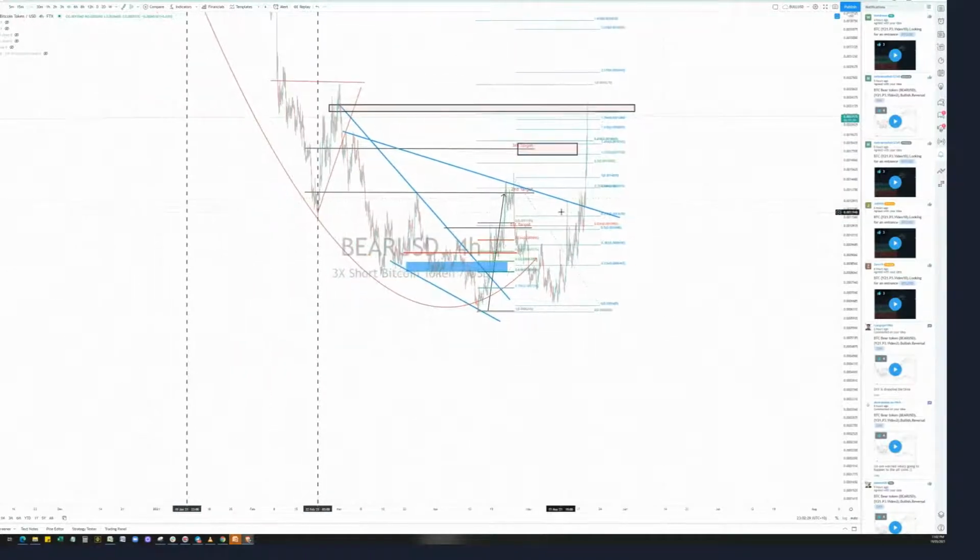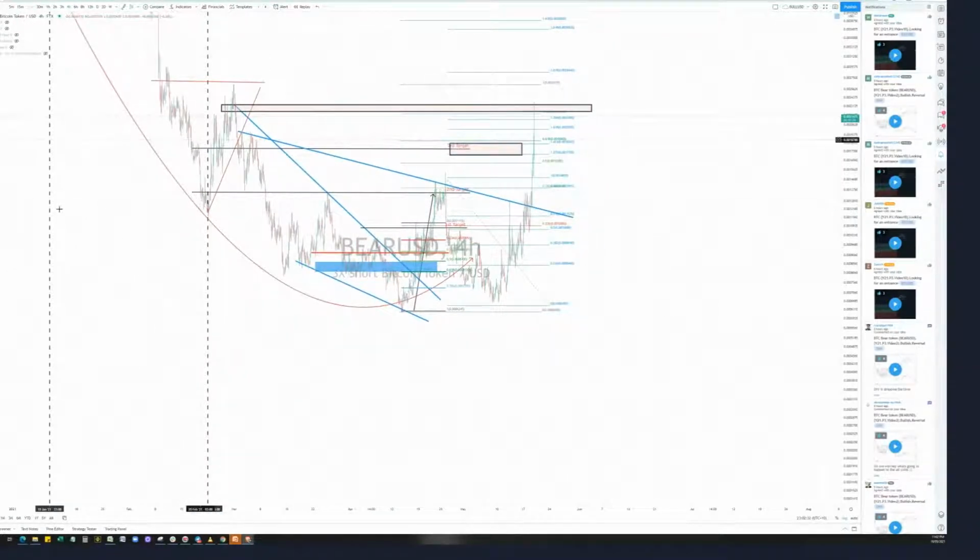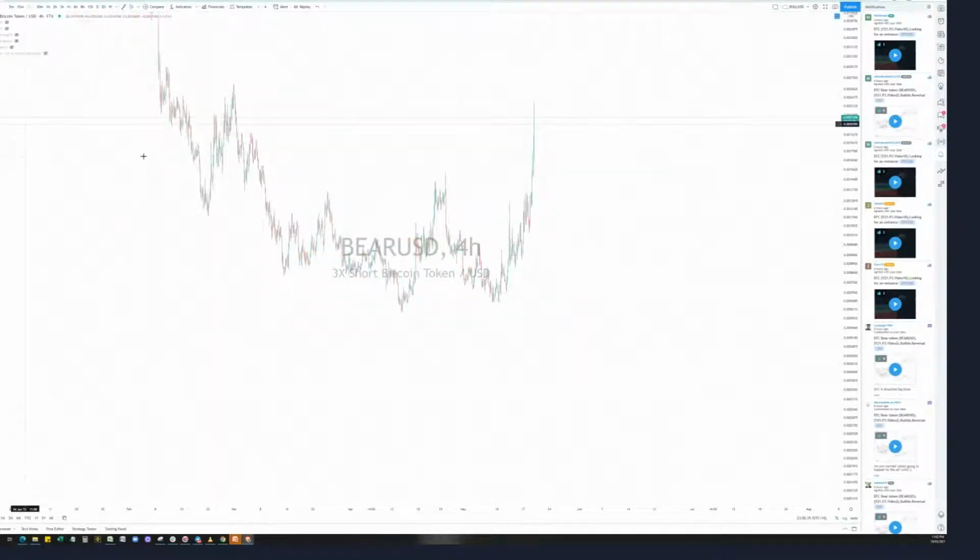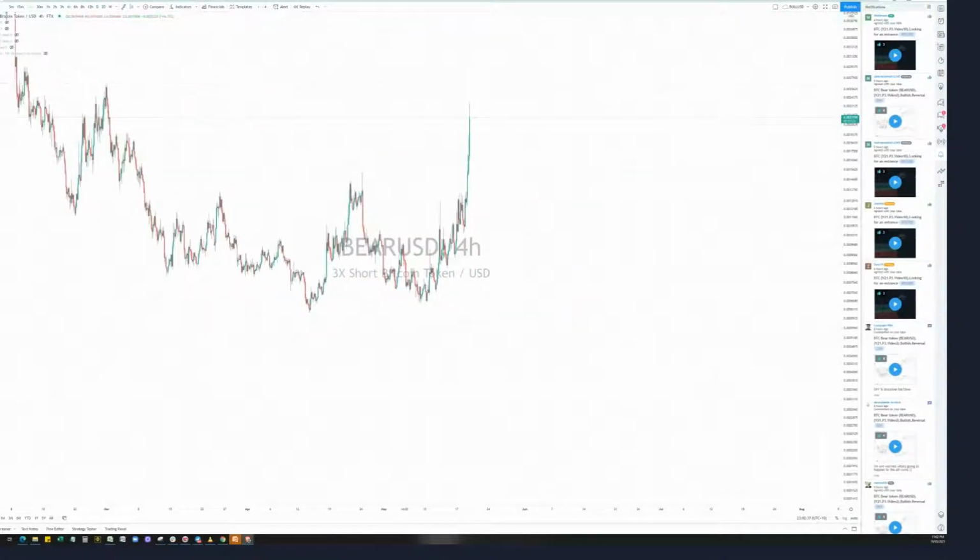It's pretty evident, but you can look at this chart. Let me just do a cleanup. I'll just pretty much delete everything there and start from scratch. We have a few formations with this bear token. That is a target, that's one target. If that was a, but it didn't do that.